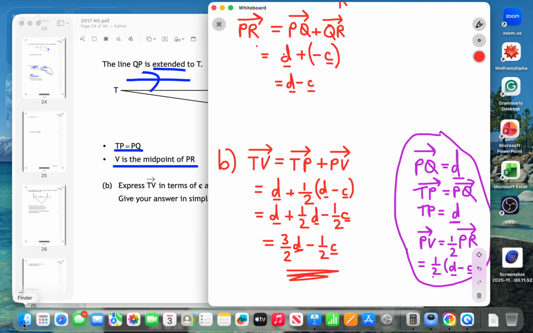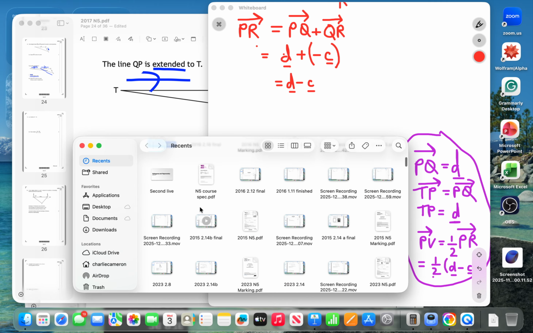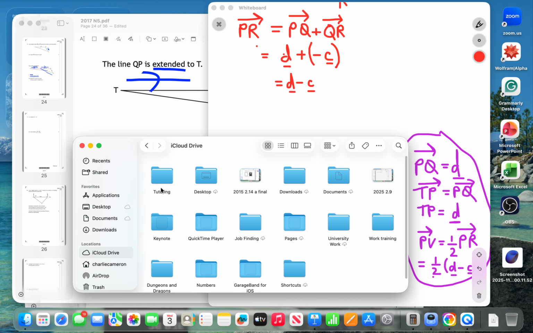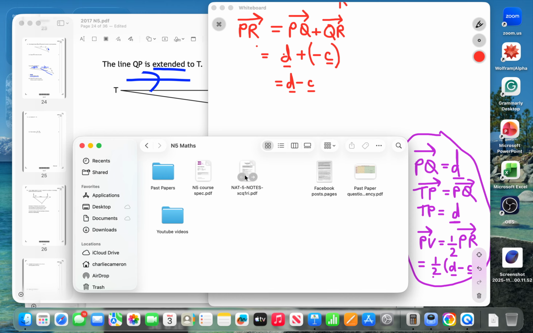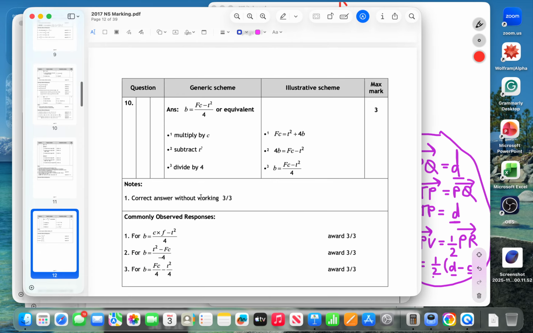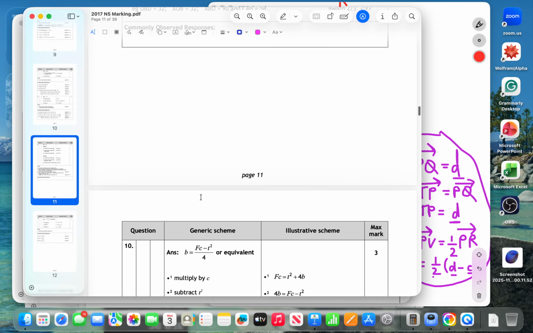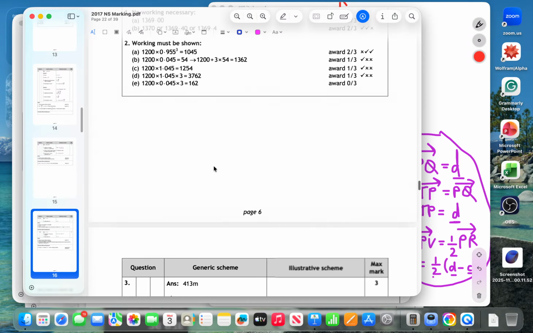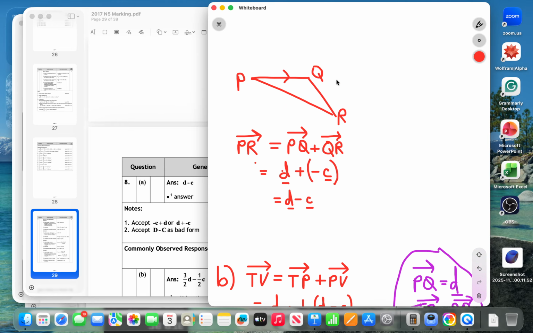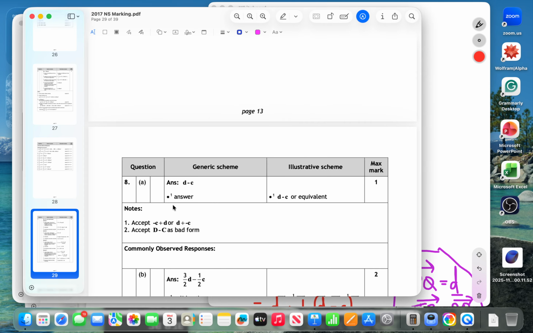We want to have a look at the marking scheme. I will just get that up. The first mark is non-negotiable. You either get it or you don't.